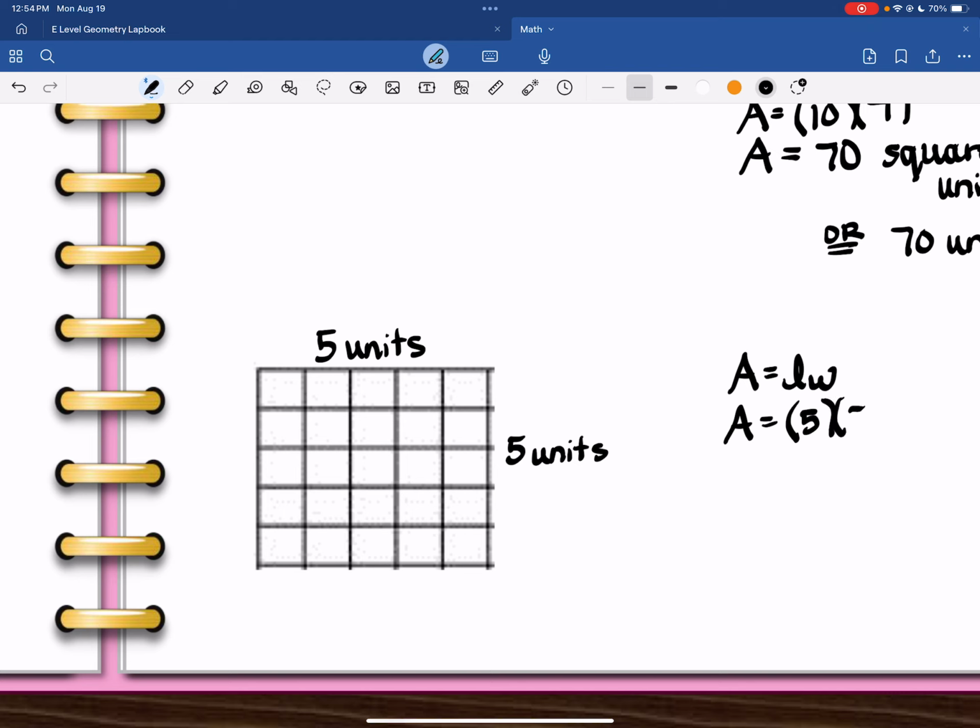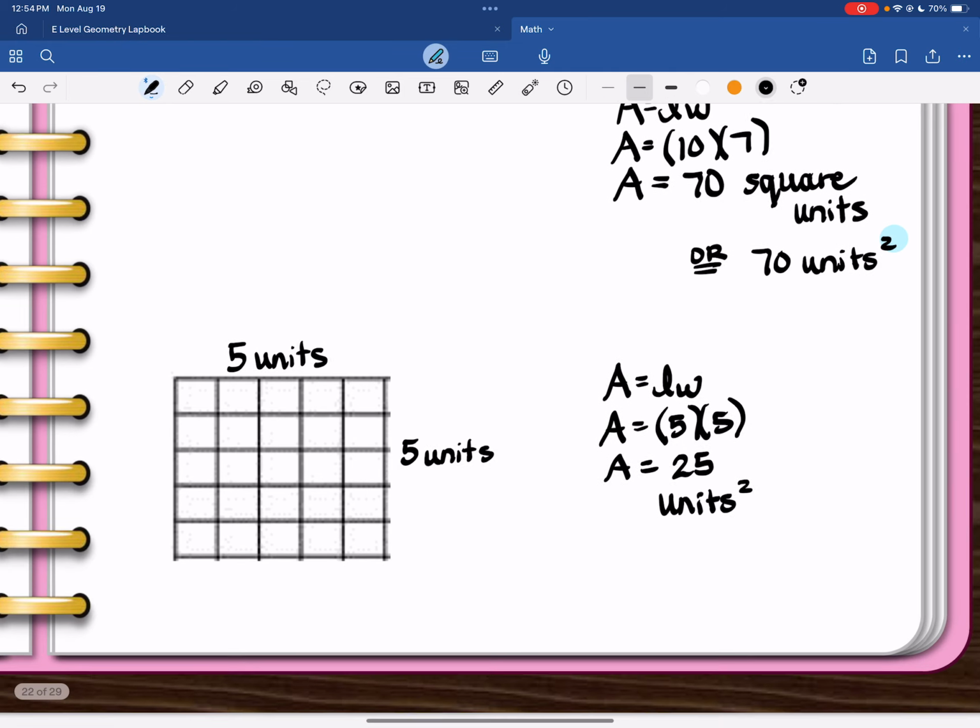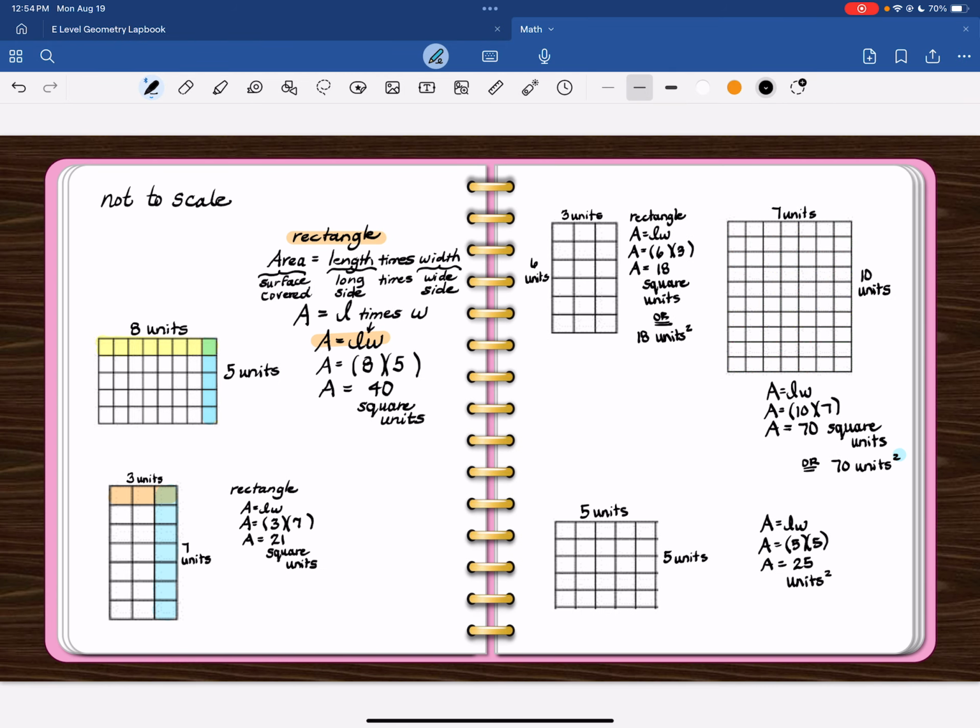A 5 by 5 is 25 square units for the area of that one. And you could check all of these by counting squares, but that formula, it's like a rubber stamp. Anytime I see a rectangle, I can stamp that formula, and I can use that formula every single time to get an answer.